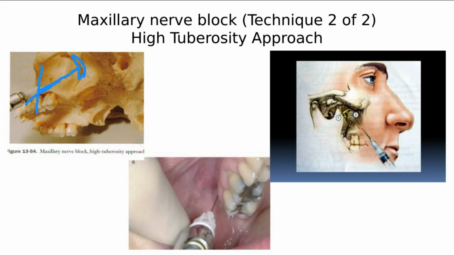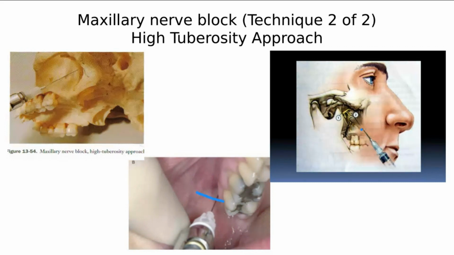This is the pterygomaxillary fissure. So look at this picture right here. You're entering in as if you're giving the PSA, but you use a longer needle, and you get the entire length or most of the length of the needle to go all the way up there.